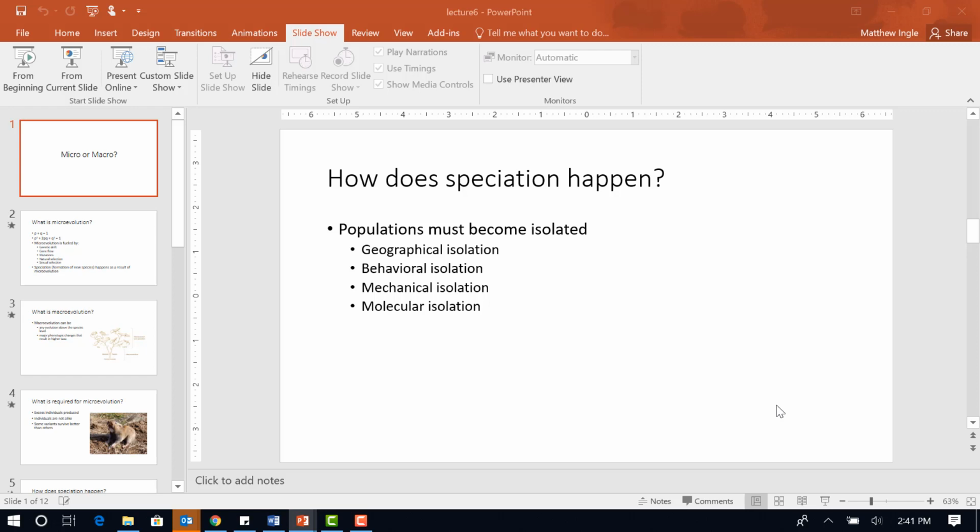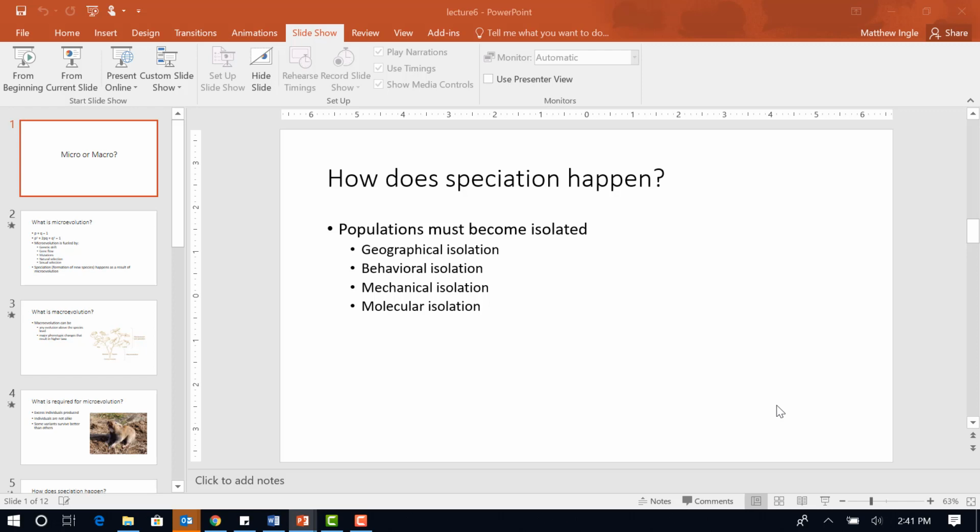Although it would be hard to hold that for all conditions, I would suggest that the norm for speciation to happen is that you start with geographical isolation, and then you develop reproductive isolation.